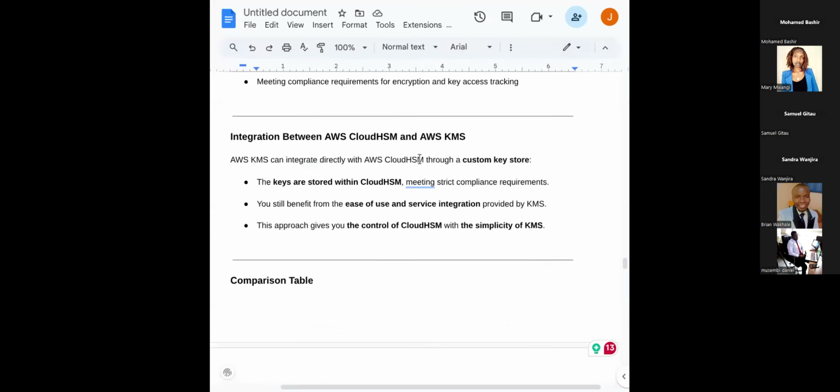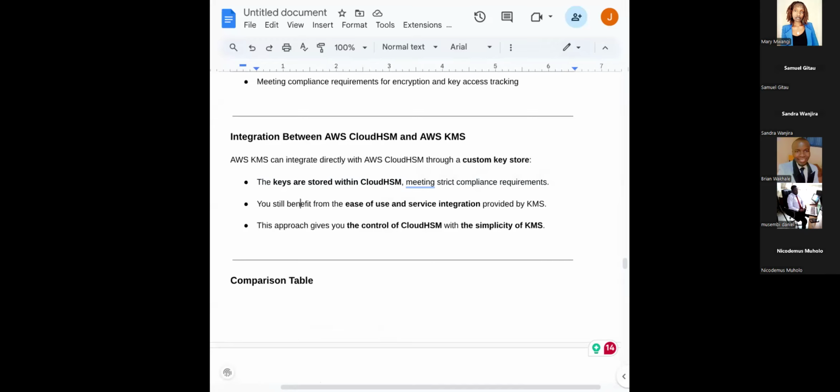Integration between HSM and KMS. The keys stored within HSM are for meeting compliance requirements. HSM is a hardware. Remember, guys, it's a hardware. It's like a key, and it has your keys stored there.